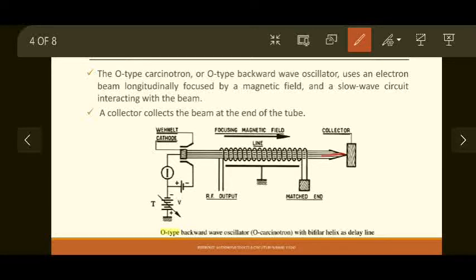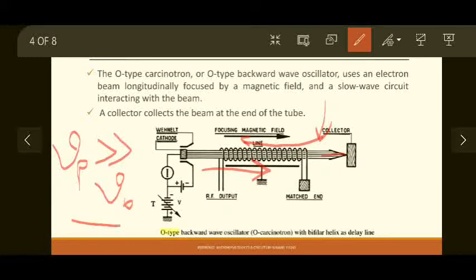The beam will obviously be collected in a fashion similar to TWT. But the difference is that now input is given here and the wave will travel along this direction, and the electron beam is traveling along this direction. Because of that, oscillations will be generated. Because of this, the group velocity or phase velocity of the traveling wave will always be much greater than the beam velocity.